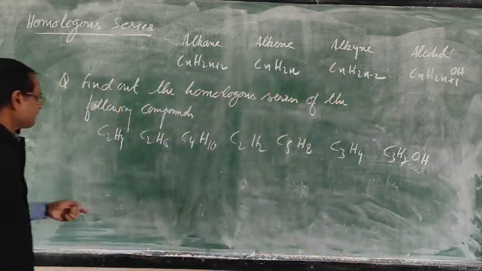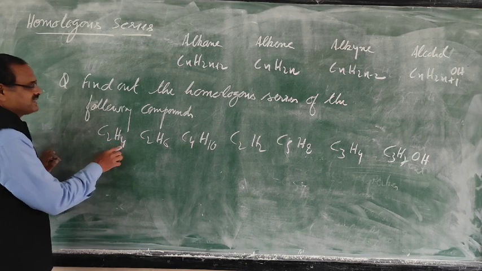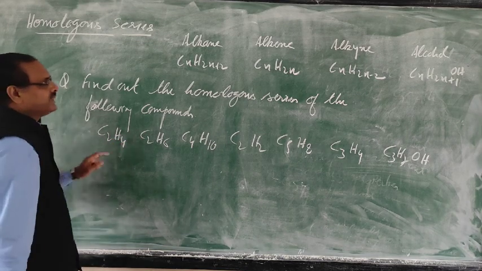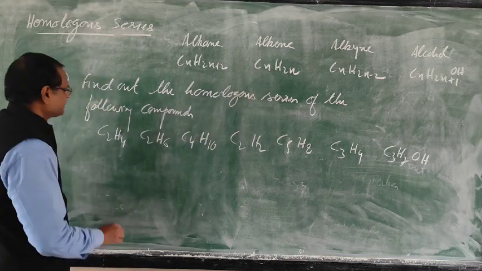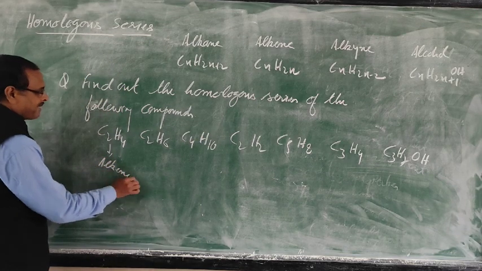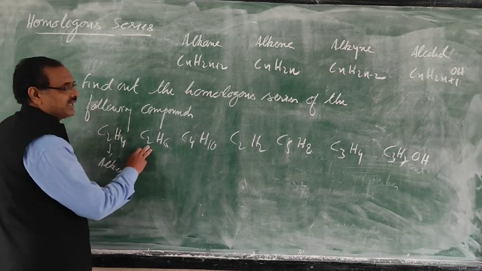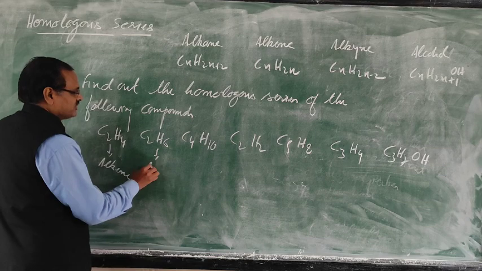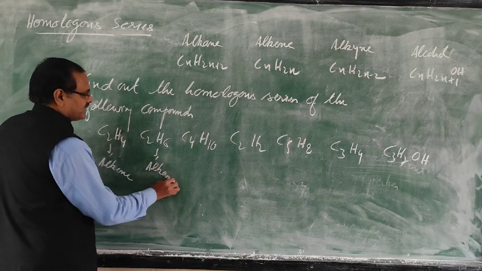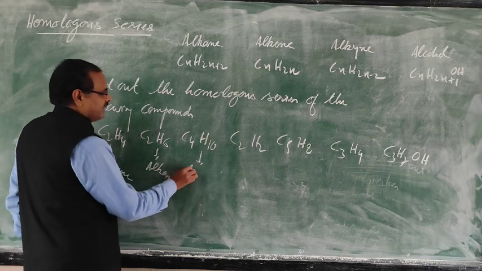Now see, this one, C2H4, is written. This is just double. Double means alkene homologous series. So this is alkene. Then this one is double and 2 extra, so that one is alkane. This one is also double and 2 extra, alkane.